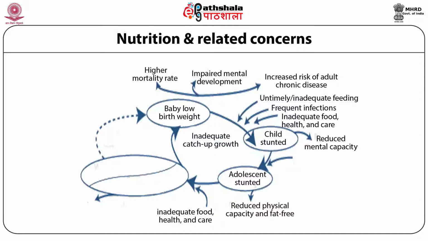If those stunted adolescents are further not given adequate nutrition, they may become malnourished women, and malnourished mothers have a higher probability of giving birth to a low birth weight child. So that cycle goes on, and there is an intergenerational cycle of malnourishment if nutrition is not given adequate attention.